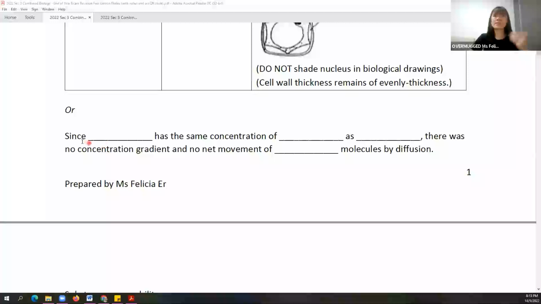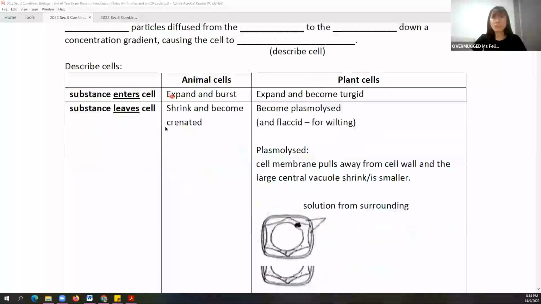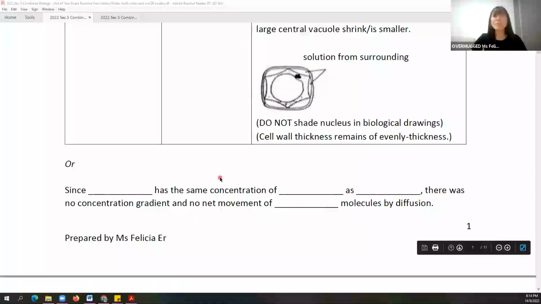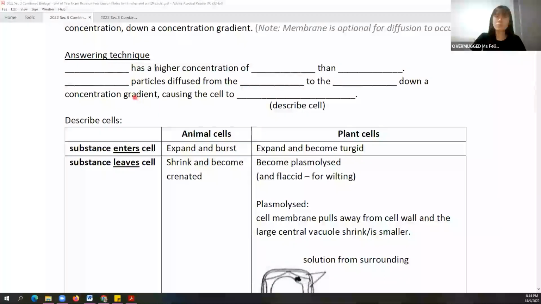You need to say that since the potato cell has the same concentration of salt as the surrounding solution, there was no concentration gradient and no movement of salt molecules by diffusion. So in total for diffusion, there are two templates, one over here and one over here. This one is less tested but still within the syllabus, so you still need to memorize it. But the first one is more commonly tested, so make sure you memorize this because you will still need it in the nutrition in plants topic also.